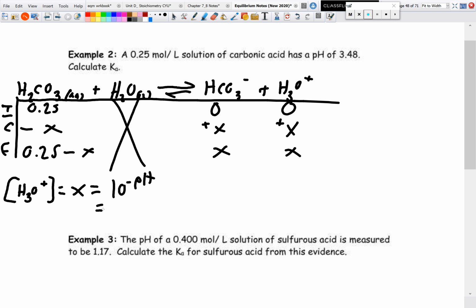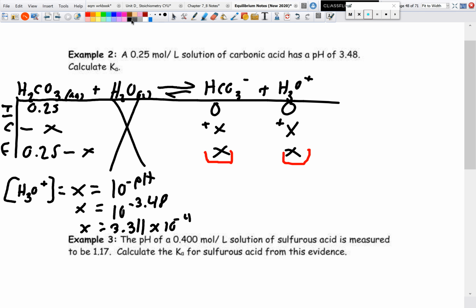This is just taking a few shortcuts here, understanding that they're both the same. And when we do this, we get x is equal to 3.311 times 10 to the negative 4. So by solving for x, we just found this and this, and we can use that to then solve for this.